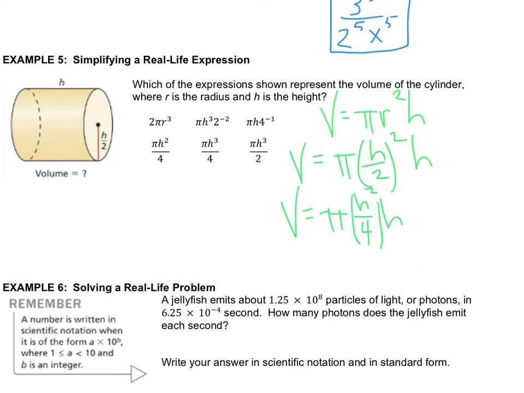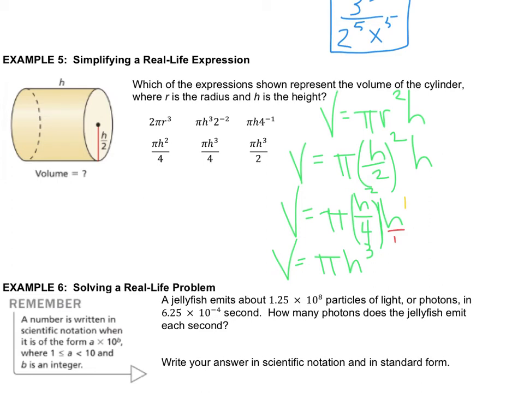Now, when I multiply across, remember this is really the same thing as h over 1, so that's going to become pi, h squared times h is h to the third. Because of the power of a product rule, I add those two exponents, and even though we don't really see it, this is really to the first power, right?